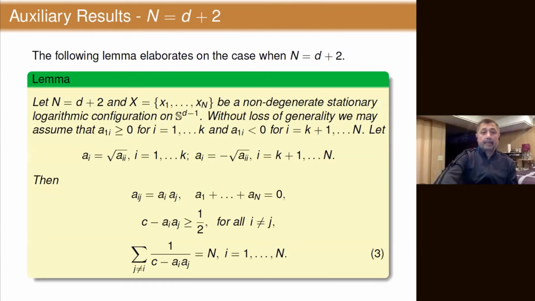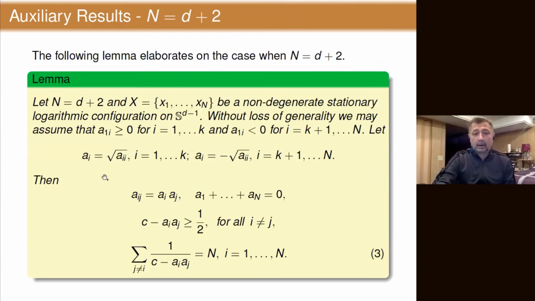Now, these are auxiliary results. Matrices with rank 1 are nice, and that's pretty much what our matrix A will look like.